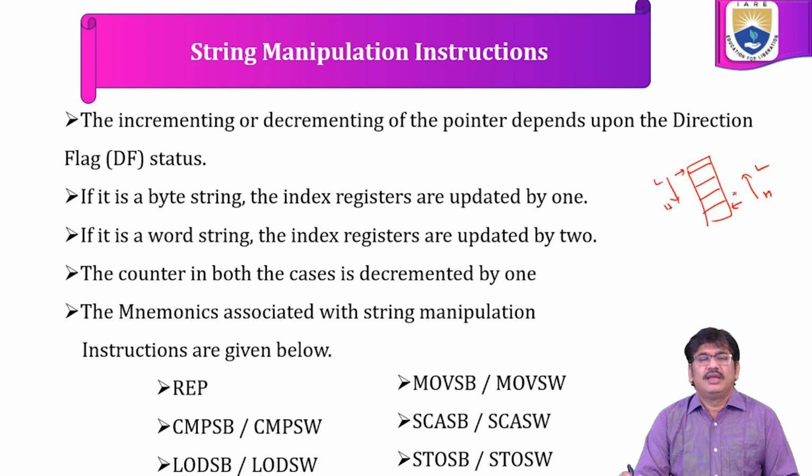Next SCASB, that is scan for a string byte, or SCASW, which is scan for a string word, LODSB, which is load a string byte, or LODSW, which is load a string word. And the next instruction is STOSB, that is store a string byte, or STOSW, which is store a string word.